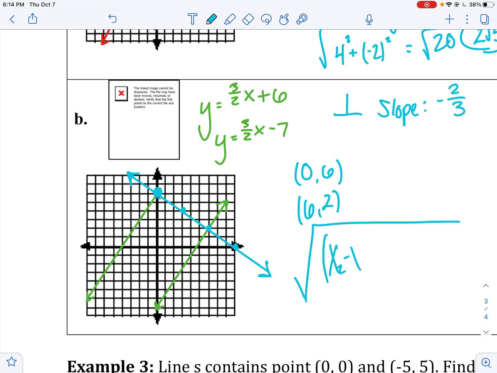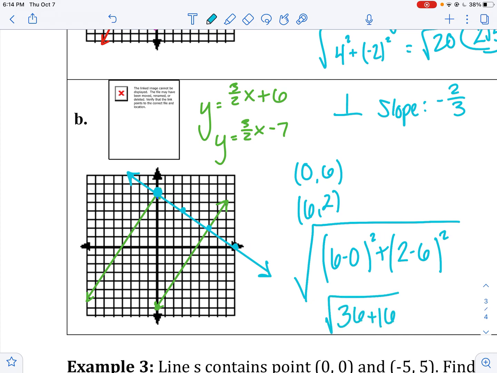I'll use x2 minus x1 squared plus y2 minus y1 squared, which would be 6 minus 0, and 2 minus 6, which ends up being the square root of 36 plus 16, or the square root of 52, which is 2 root 13.